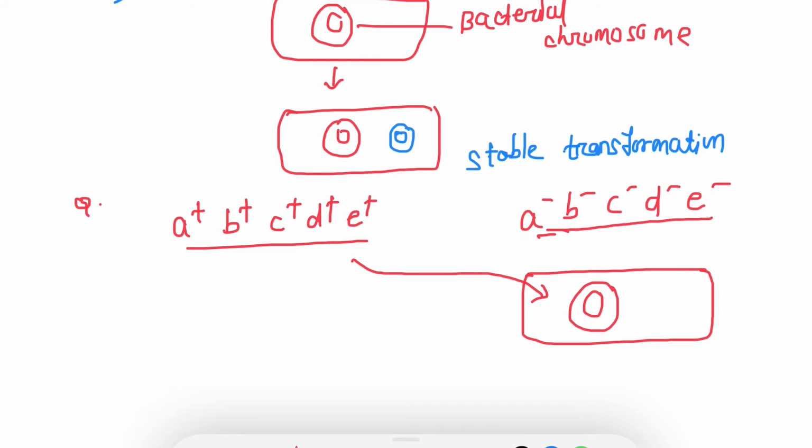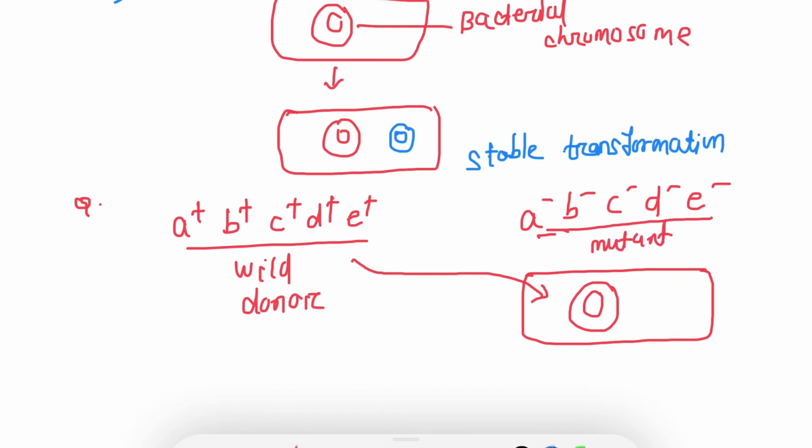This strain has A plus, B plus, C plus, D plus and E plus, all wild type. This is the wild type donor, and the recipient is the mutant.